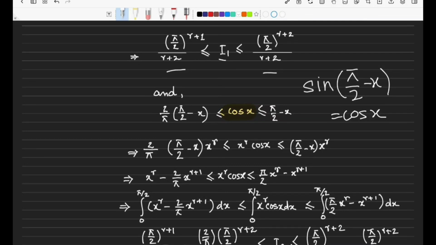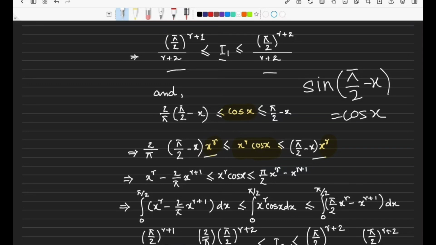After that, this integral for x to the power r into cos x does not change, right? Let me just mark it down for you. That is this part right here, the following function doesn't change. So we have to just multiply x to the power r on both the sides.